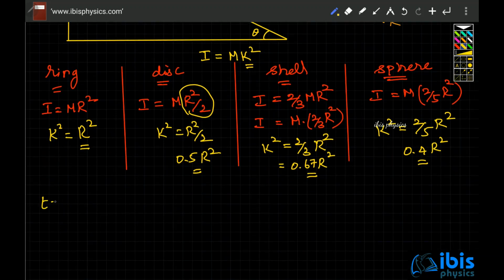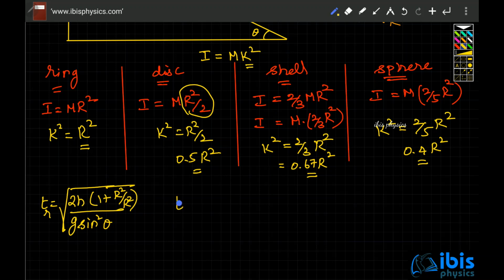So the time for the ring is root over 2h by g sine square theta into 1 plus k square by r square, where k square is r square, so r square by r square. Time for the disc equals root over 2h into 1 plus r square by 2 by r square, by g sine square theta.